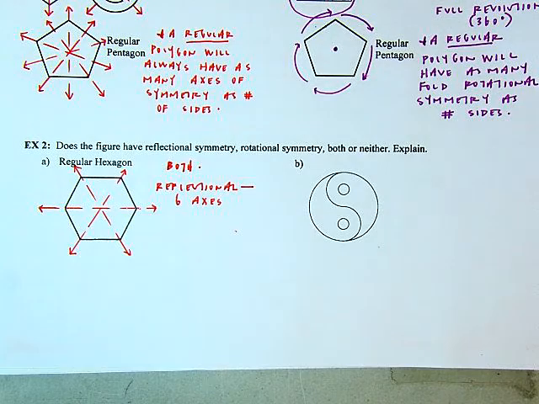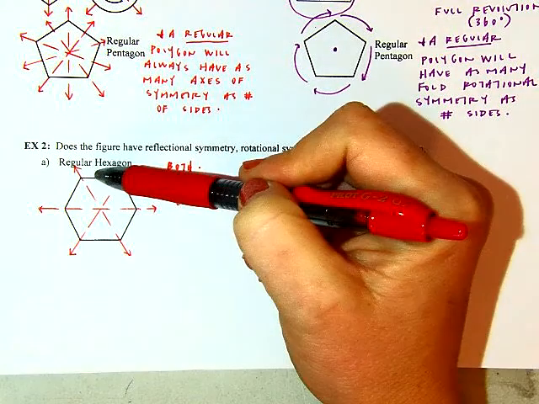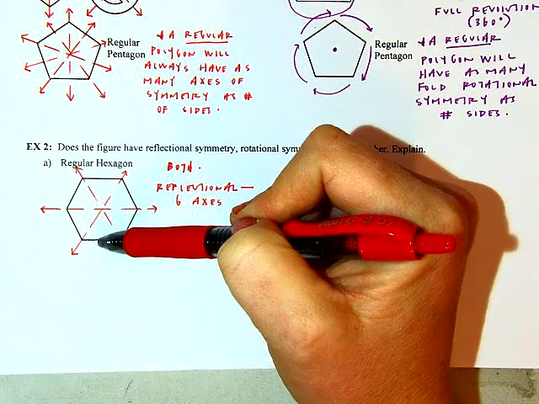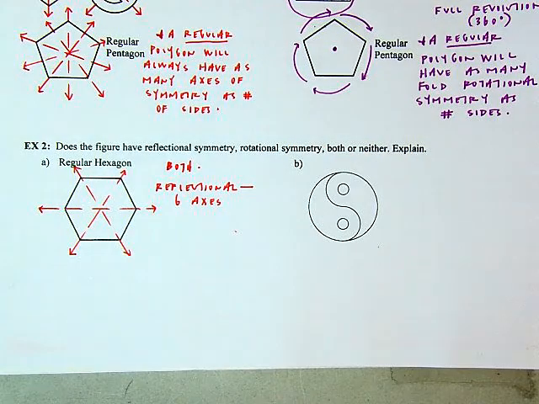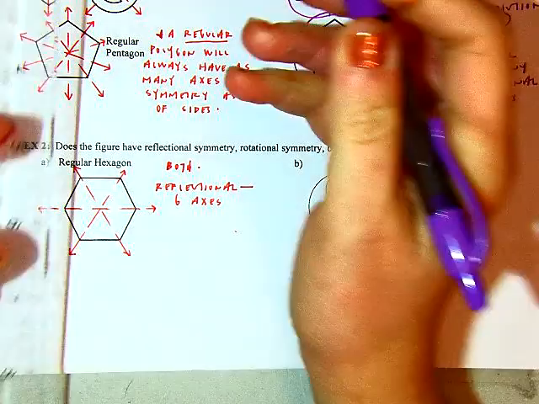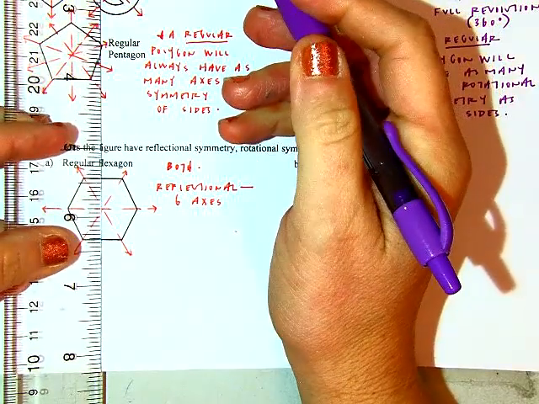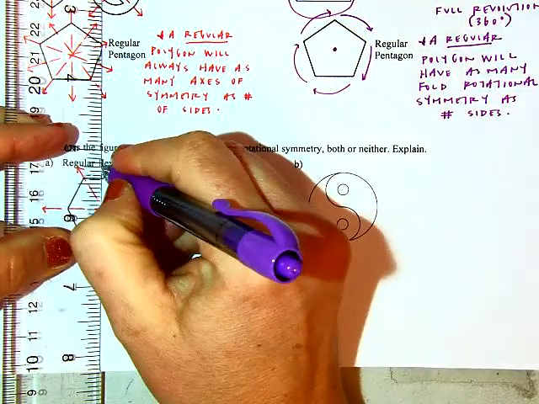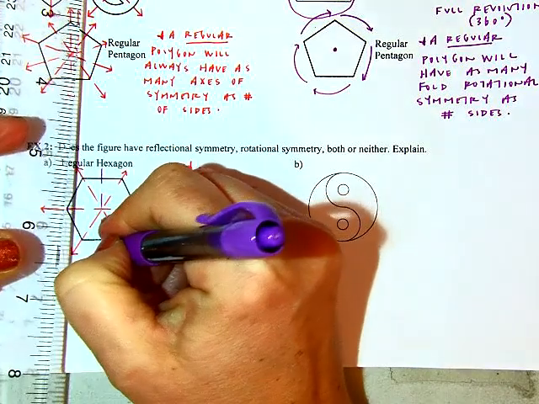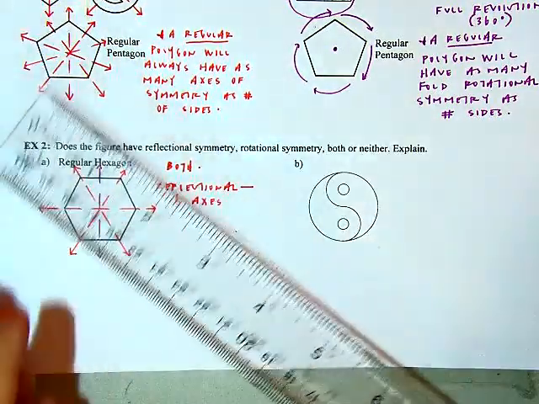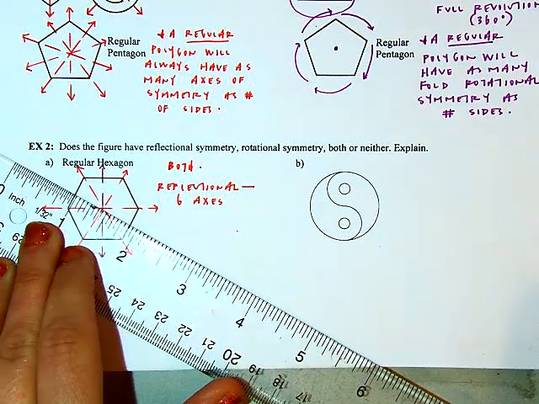Okay, I also have to draw in the other 3 where I'm connecting the middle of a side to the middle of the side opposite. Let me show you that in a different color just so it doesn't get confused. So middle to middle of opposing sides. So here is 1, middle to middle.